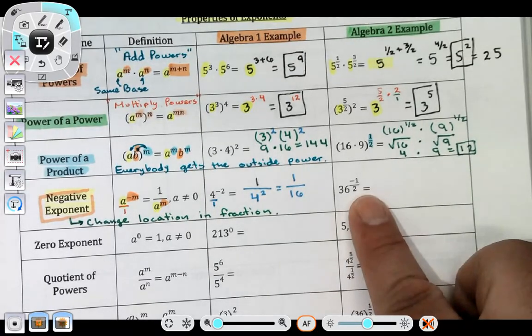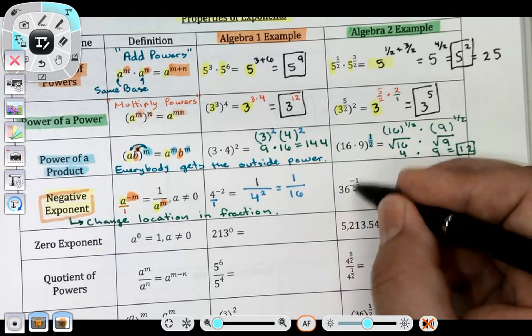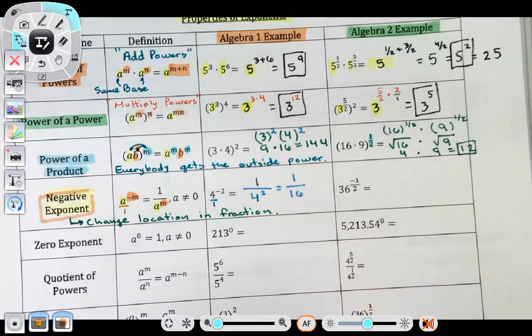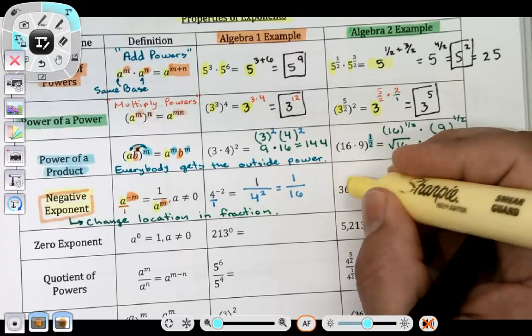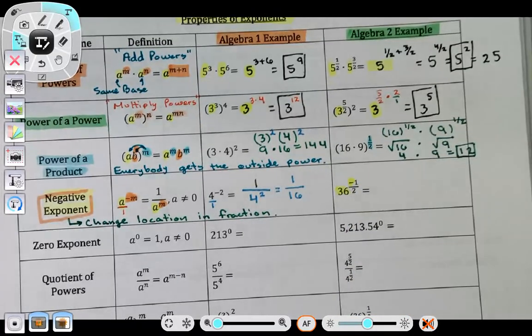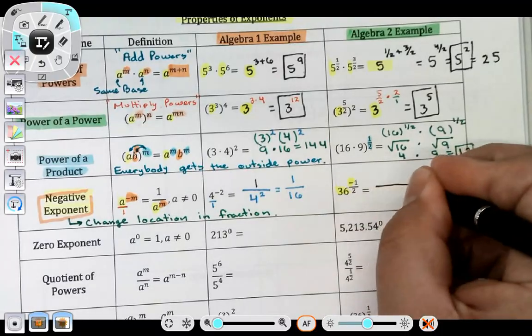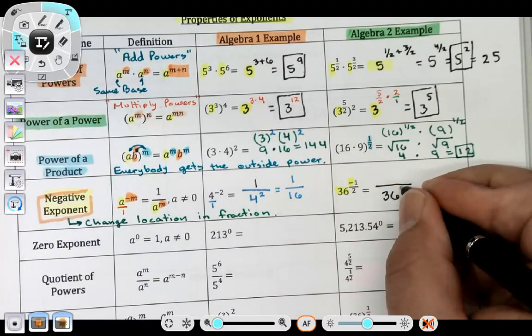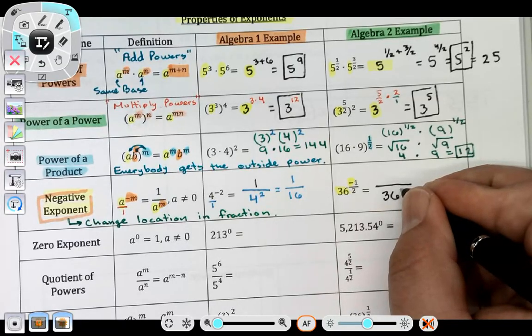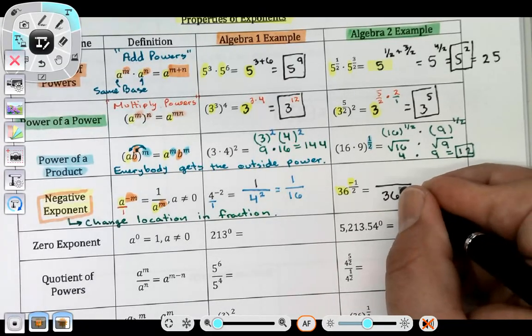So even this one, you might say, yeah, but it's a power that's a 1/2. Yeah, we don't care. The fact that this is negative means that the 36 should be written where? The bottom of a fraction. So there's my 36, and what's its new power? Yeah, 1/2.